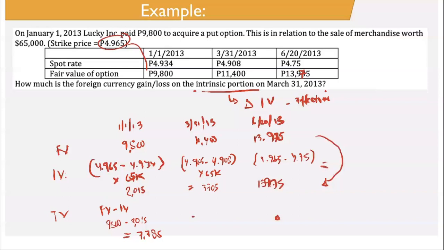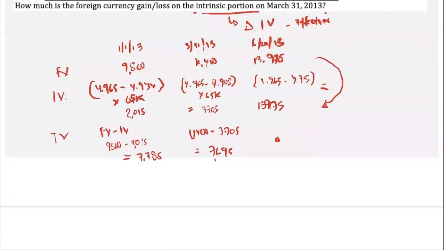How about the time value on March 31, 2013? We have a fair value of 11,400, and then we have 3,705 as the amount of our intrinsic value. 11,400 less 3,705, we have 7,695. So how do we account for that? We account for your intrinsic value and your time value.